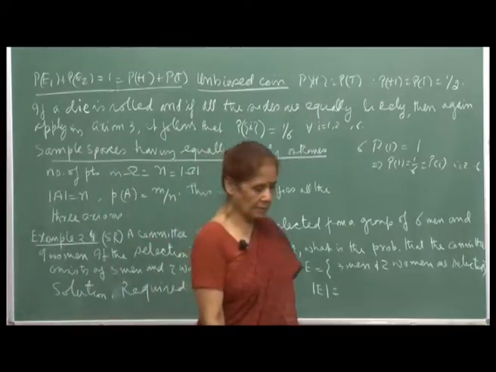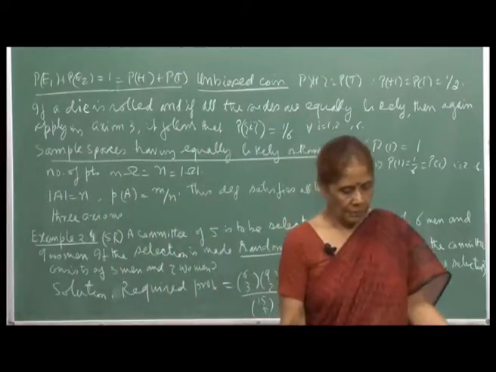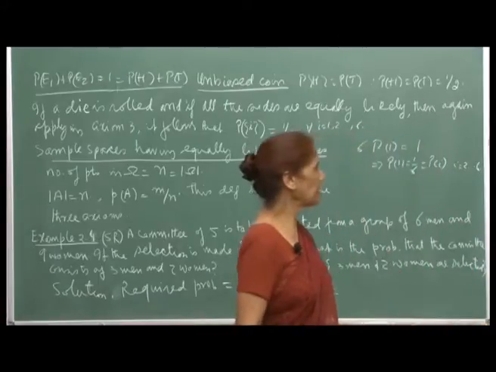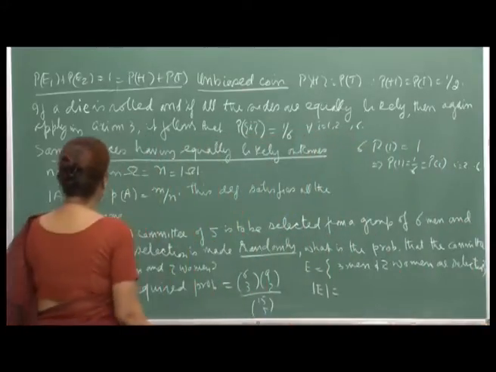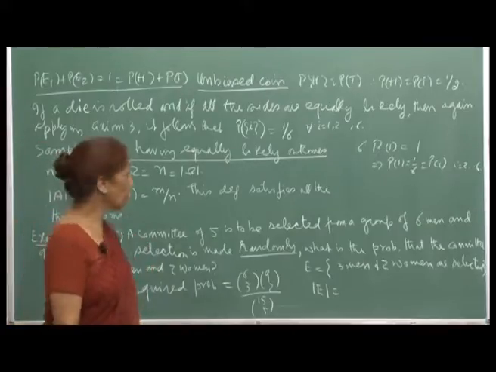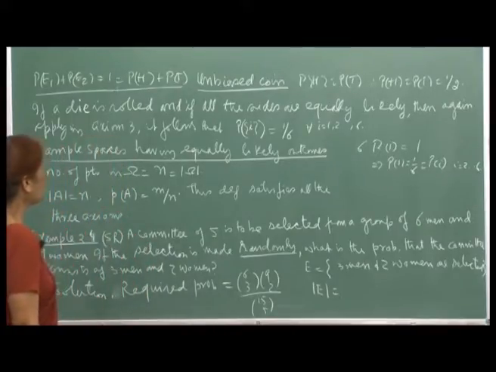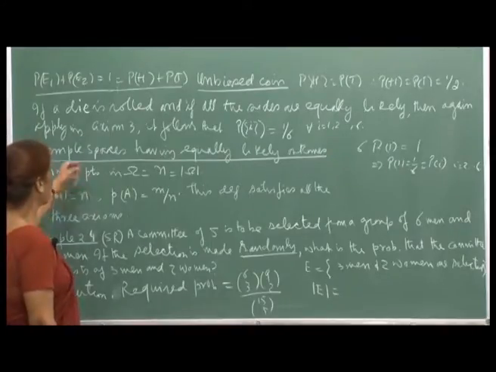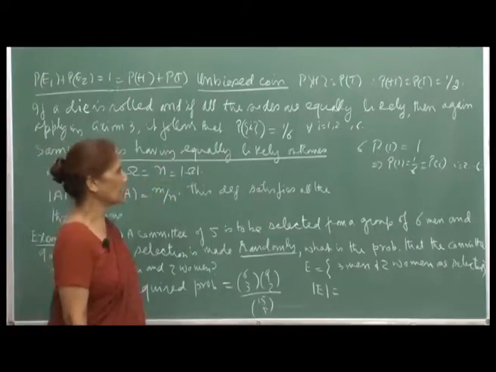Now, what happens is that in many situations, we know already because of the nature of the experiment that the elements of the sample space have equally likely outcomes.